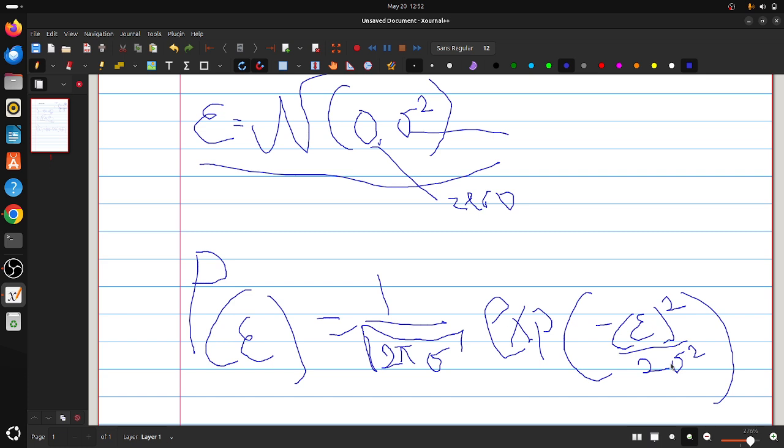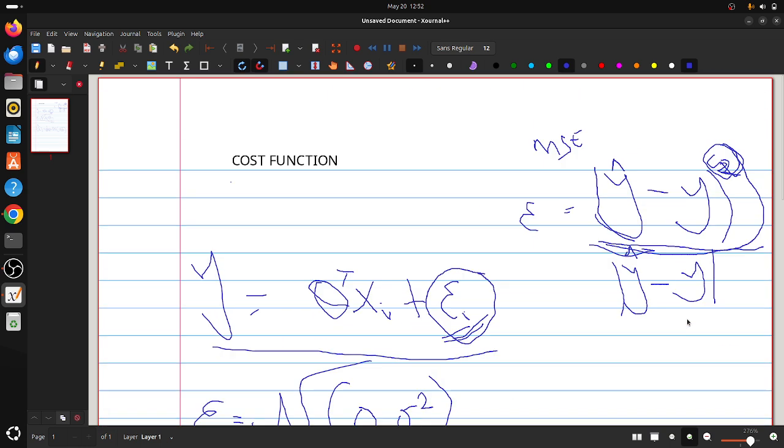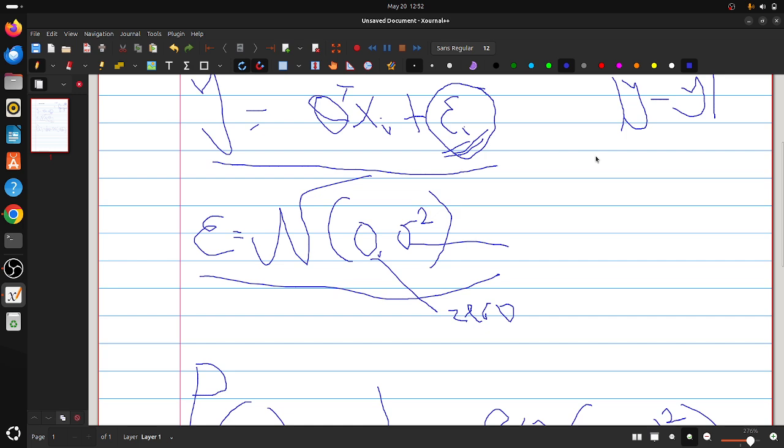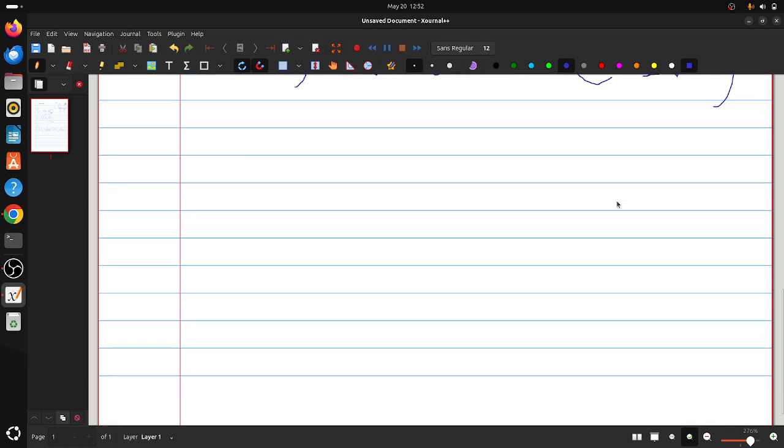Now, taking the assumption that the error terms are independent, I think we saw that among the assumptions of regression, the error terms are independent of one another. Let me illustrate that here.